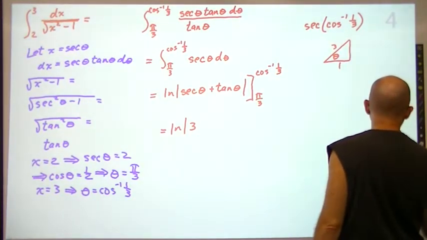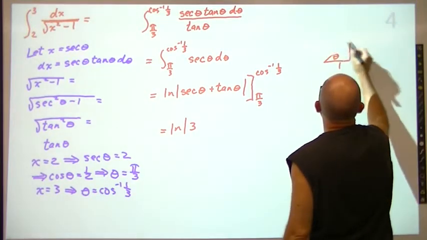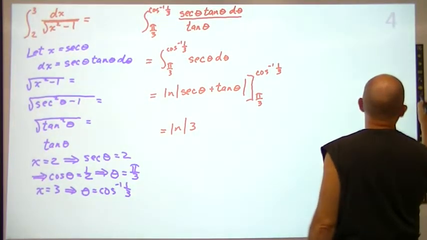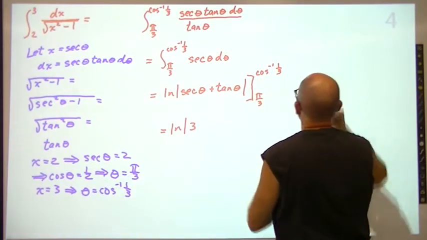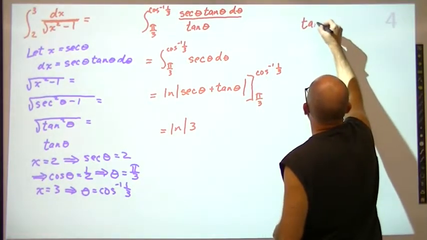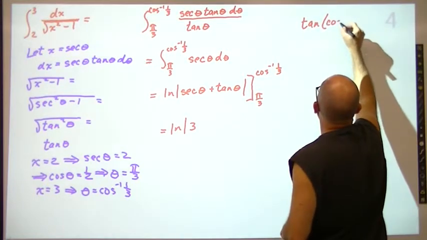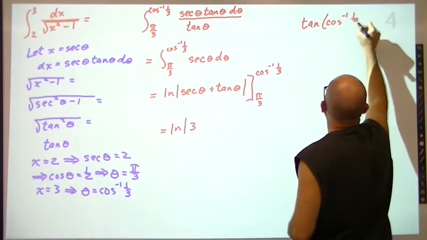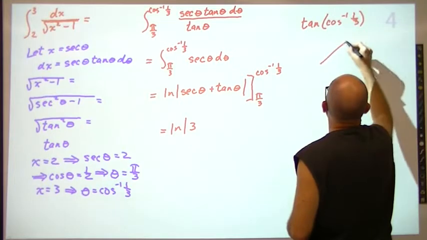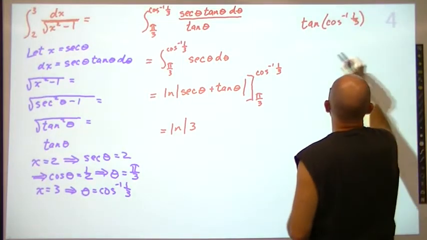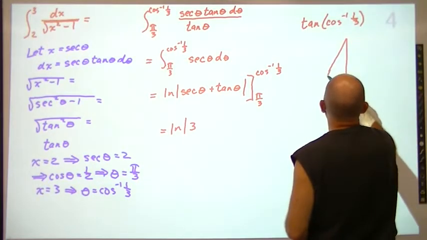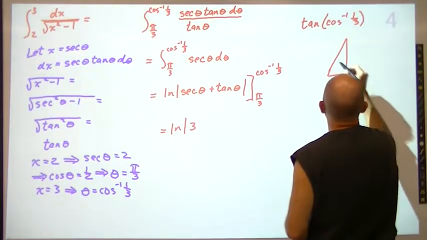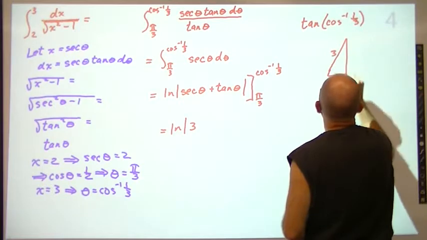Plus tangent of inverse cosine 1/3. All right, yeah, we did need this back again, only I'm going to make it a little bit better. So here's 1/3. There's my cosine.